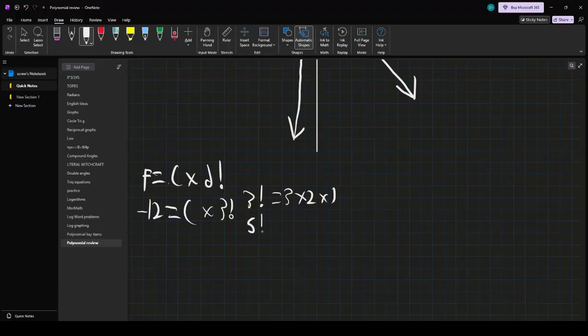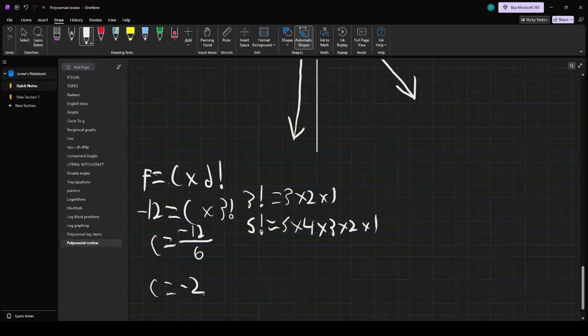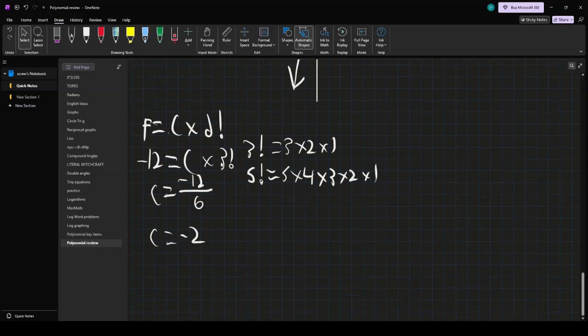Another example is 5 factorial, which is 5 times 4 times 3 times 2 times 1. So to solve for C, we do C equals -12 divided by 6, because 3 times 2 times 1 is 6, and that equals -2. That's your leading coefficient. It's a simple formula, but you might need to use it. That's it for part 1.